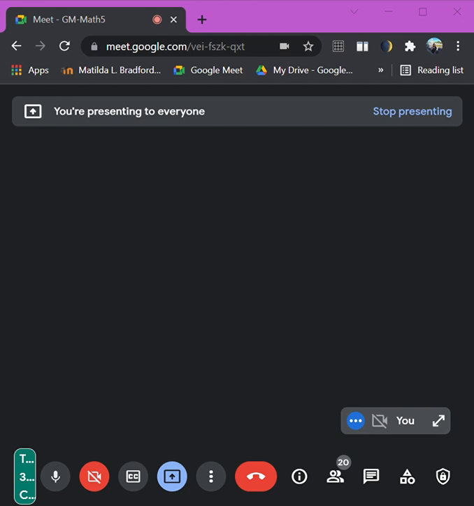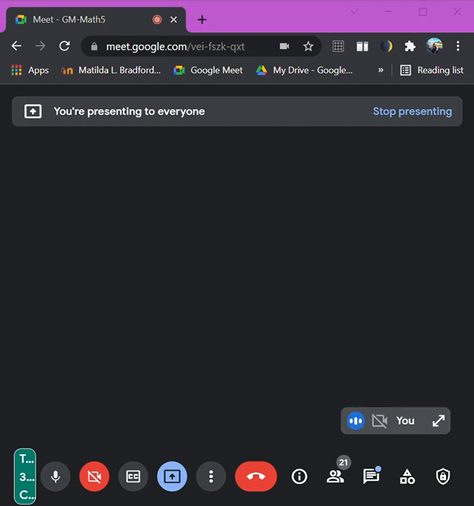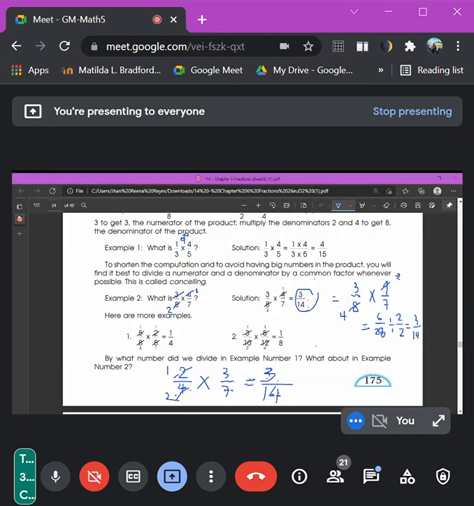Okay, thank you. Yes? If we are going to solve, teacher, do we divide then multiply? Not necessarily. Not in all equations. For example, 1 over 3 times 1 over 3, you cannot divide because 3 divided by 1 is still the same.